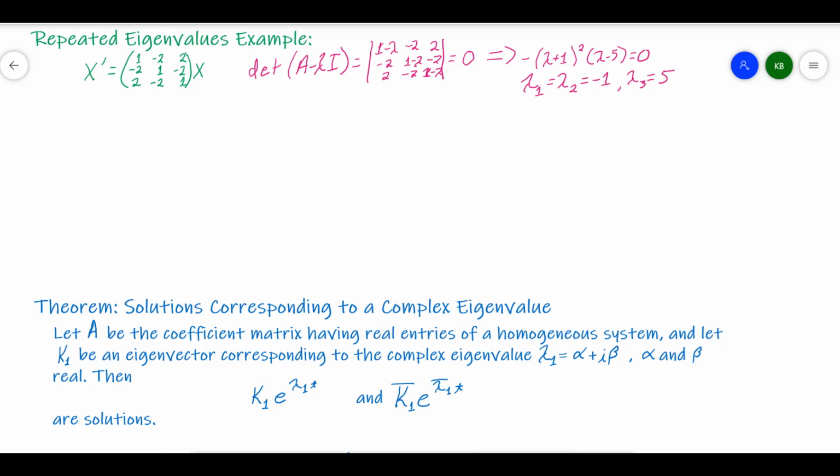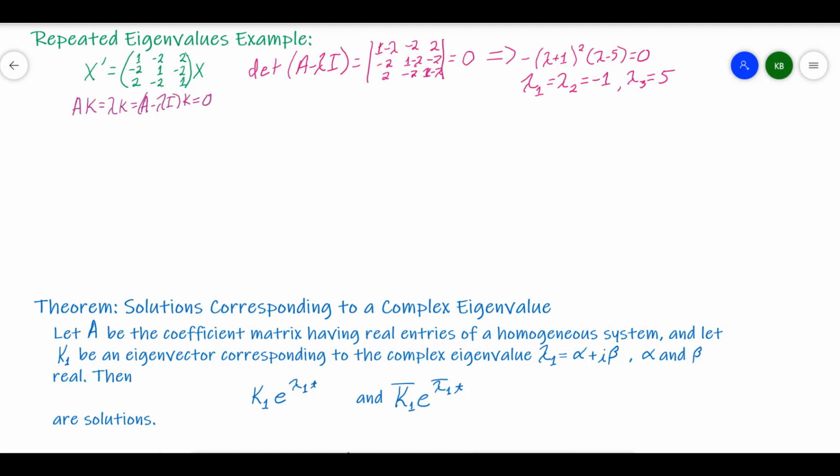So before we said that if we took A times our eigenvector, it was going to equal our eigenvalue times our eigenvector. Another way of writing this is that A minus lambda times I, all multiplied times our eigenvector, must equal 0.